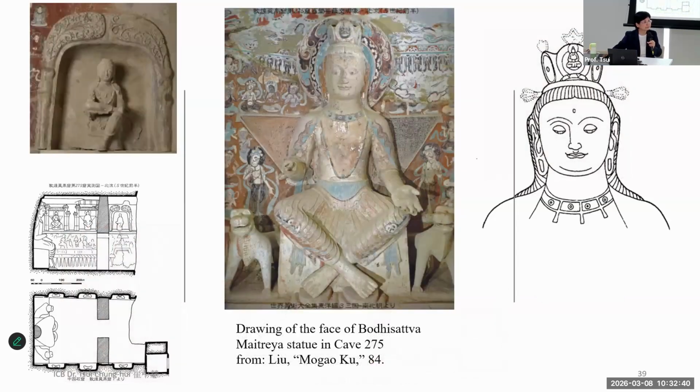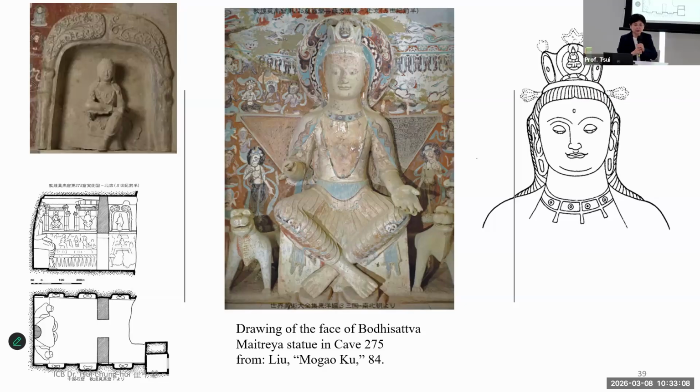Yes? Oh, Maitreya. Okay. So Maitreya in the Tusita heaven has a special iconography, seated in cross-ankle posture. The seated posture also comes from the Gandharan tradition. Later I will show you the picture.